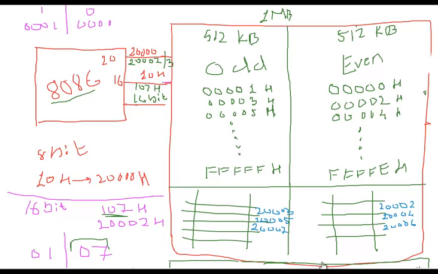likewise. So now while storing this 0107, first the MPU will select the location 20002. It will select this location, and as soon as the MPU knows that this is a 16-bit operation, immediately it will go into another chip, that is the odd chip or odd bank, and it will select the next consecutive location, that is 20003.